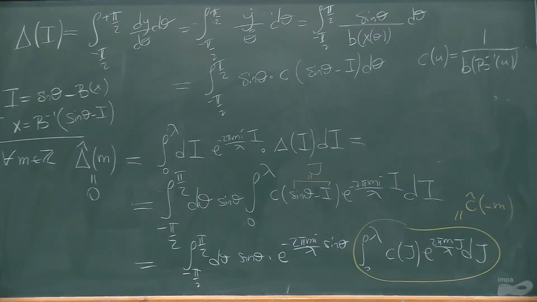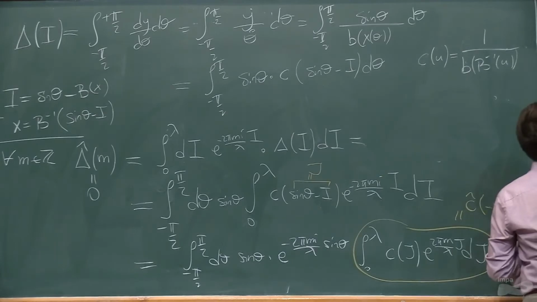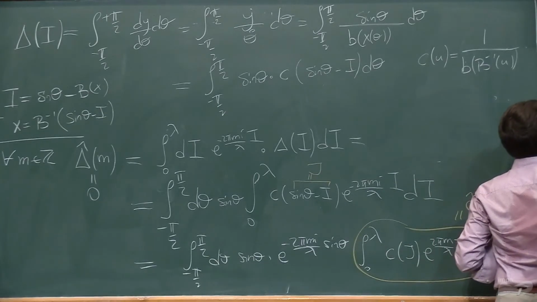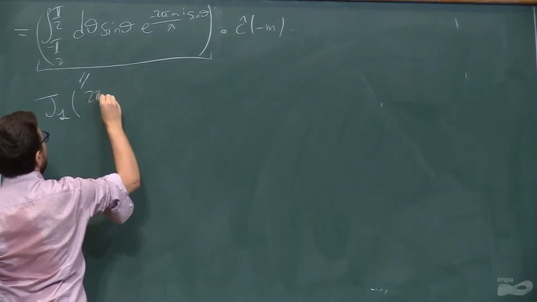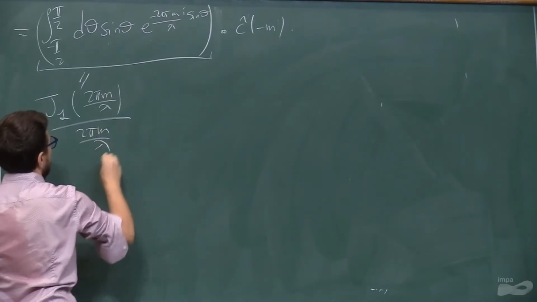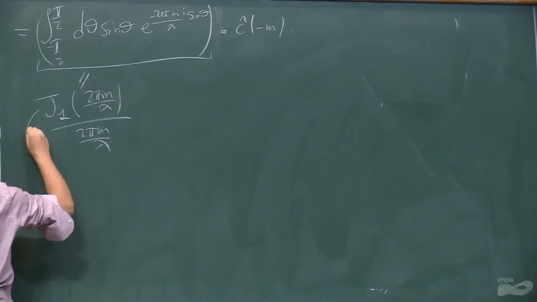And if you put this number into Mathematica, what you find is that this is the first Bessel function evaluated at 2 pi m over lambda. So this is the first Bessel function.